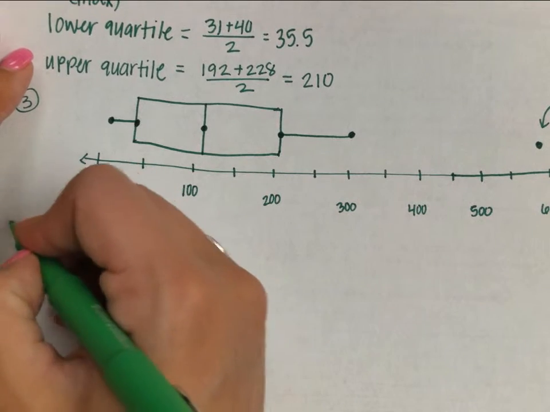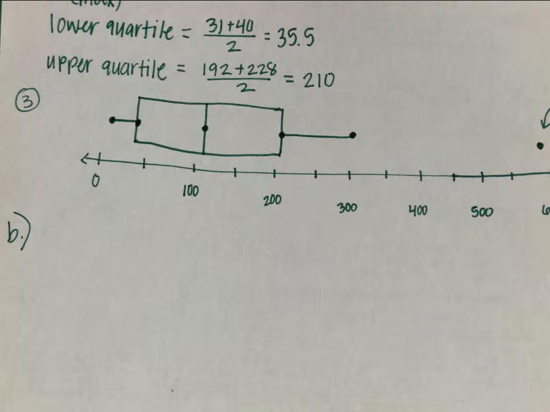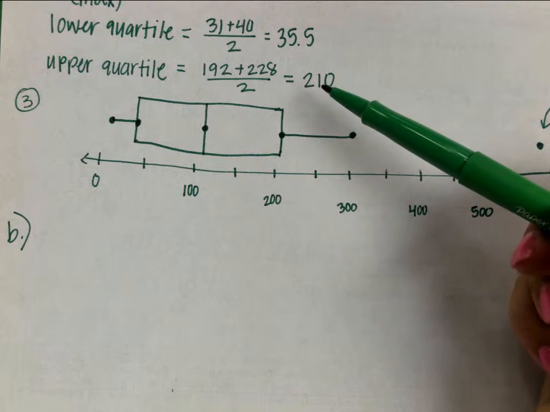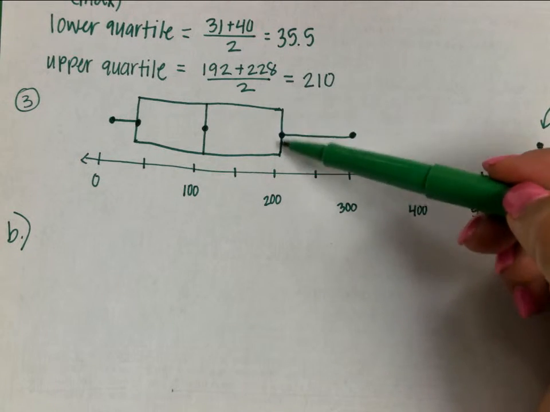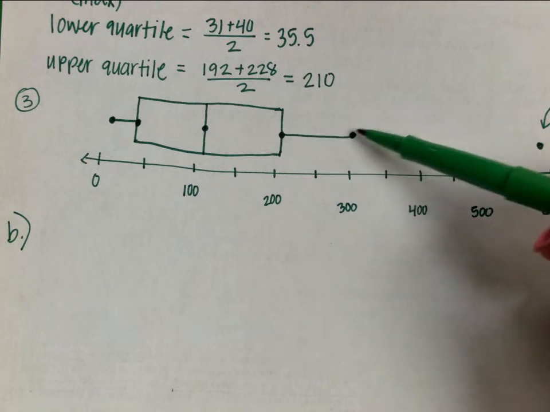So part B asks me what percent of the coastline states have coastlines greater than 210 miles. So my 210 was actually one of my numbers that I plotted, right? It was my upper quartile. So it's right here. So it's asking what percent of states have a coastline greater than that.